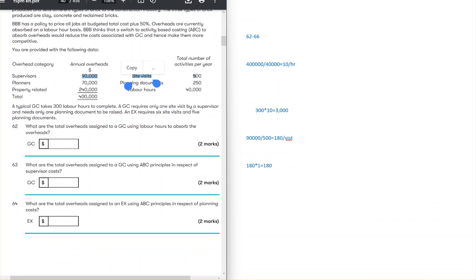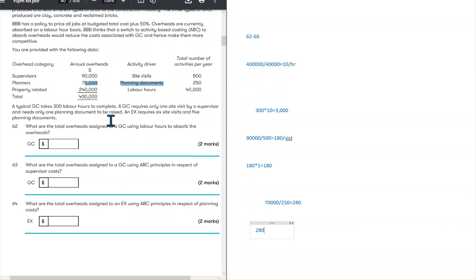What are the total overheads assigned to an EX using ABC principle in respect of planning cost? Planner would be planning documents. So 70,000 divided by 250 becomes 280. And then 280, how many documents are required? Needs 1 planning document to be raised.